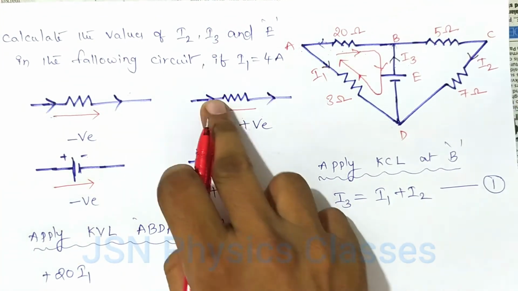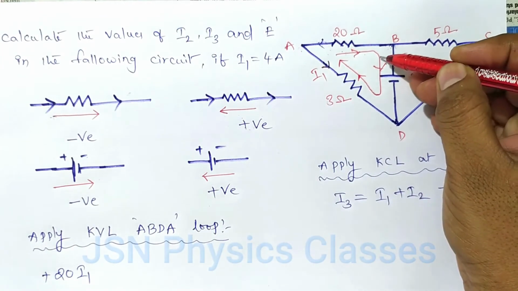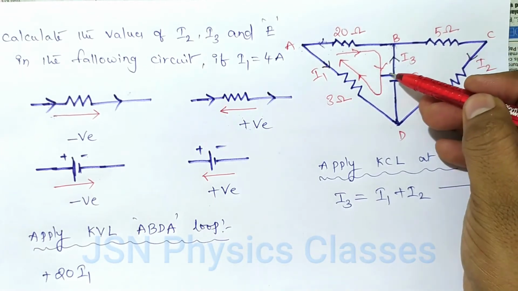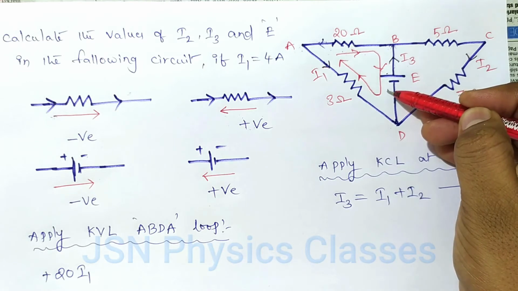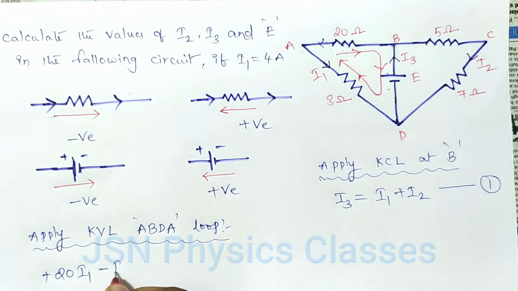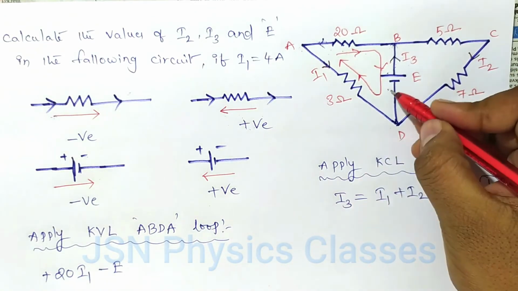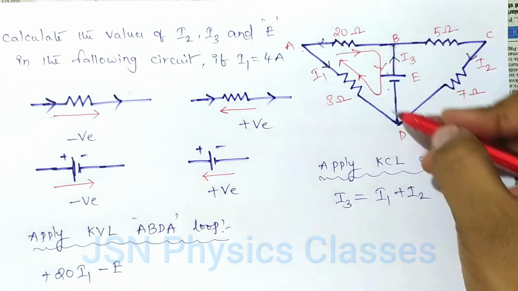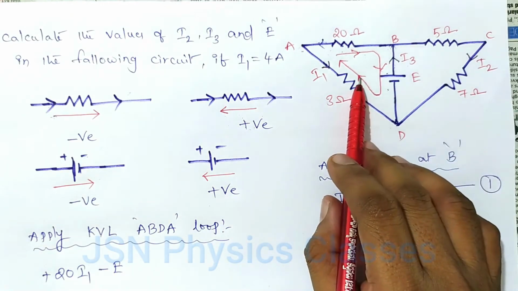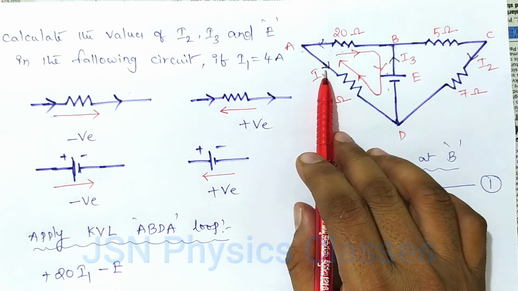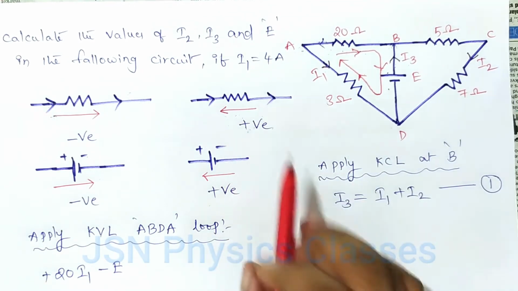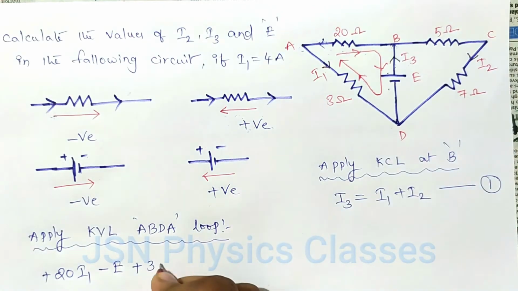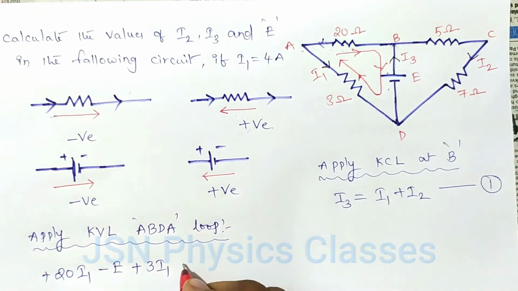Next, the loop direction is from the positive terminal to the negative terminal, so it is negative: minus E. From D to A, the loop direction and actual current direction are opposite, so it is positive: plus 3 I1, equal to 0.